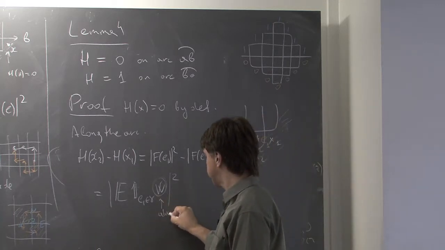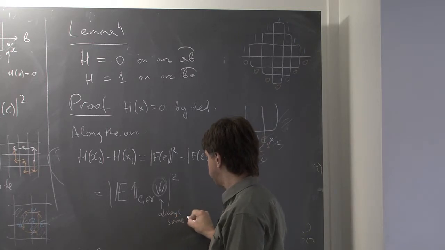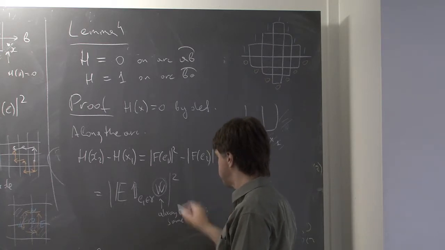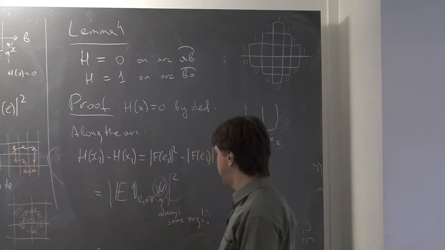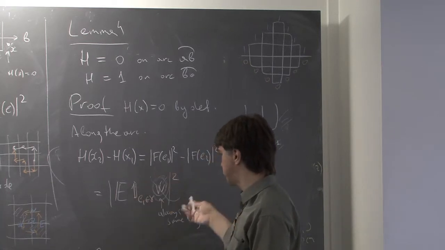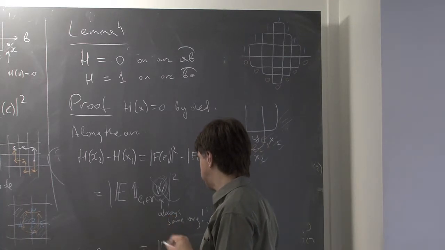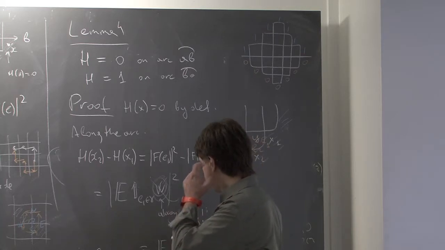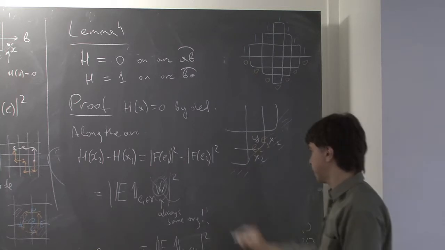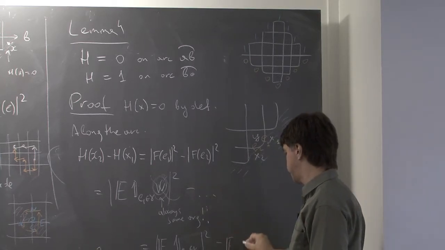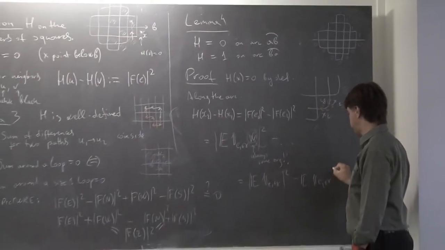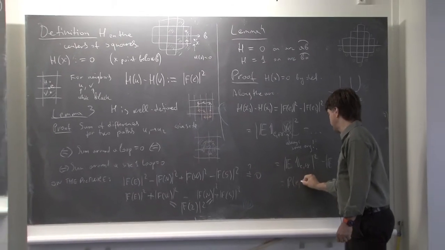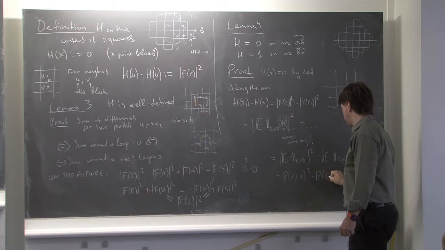So we can factor it out, and when we factor it out from the absolute value, it's just the probability that e1 belongs to gamma, squared, minus the probability that e2 belongs to gamma, squared.